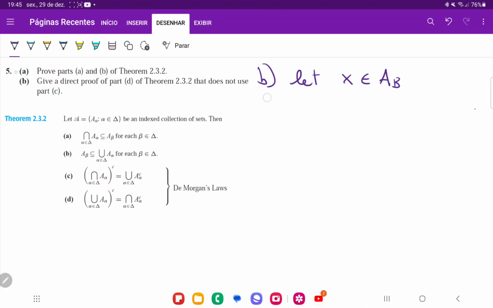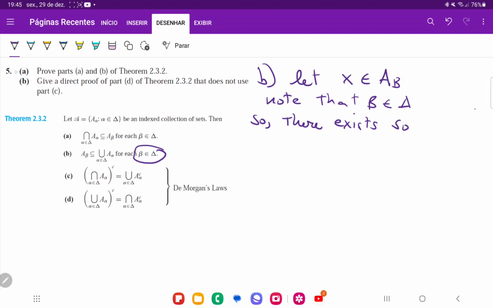So note that beta belongs to delta, right? Because we have here beta belongs to delta. So what this means is there exists some alpha belonging to delta such that X belongs to A sub alpha.